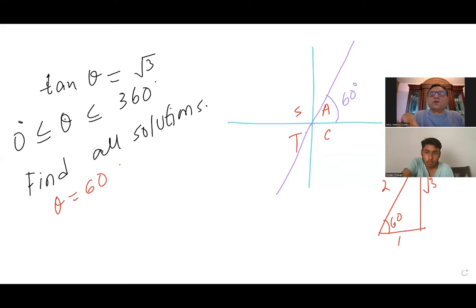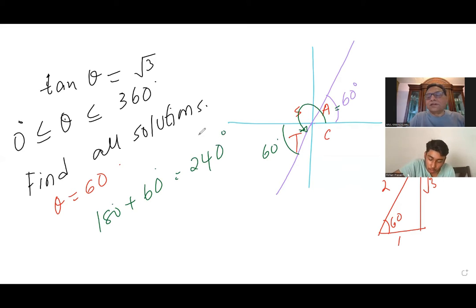However, with the CAST rule, you know there's another answer also. 210. So this 60 is equal to the vertically opposite angle 60, which is also a related acute angle. So the other answer is 180 plus 60 degrees, which is 240 degrees. That is how we are going to answer these questions.